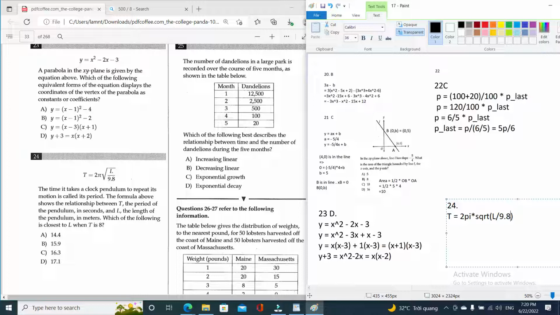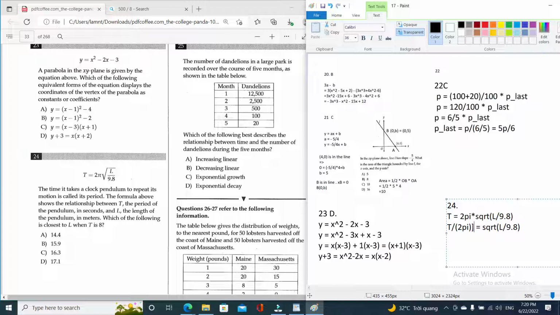They give T equal to 8 and we solve for L. So we know that T over 2 pi is equal to the square root of L over 9.8, right?